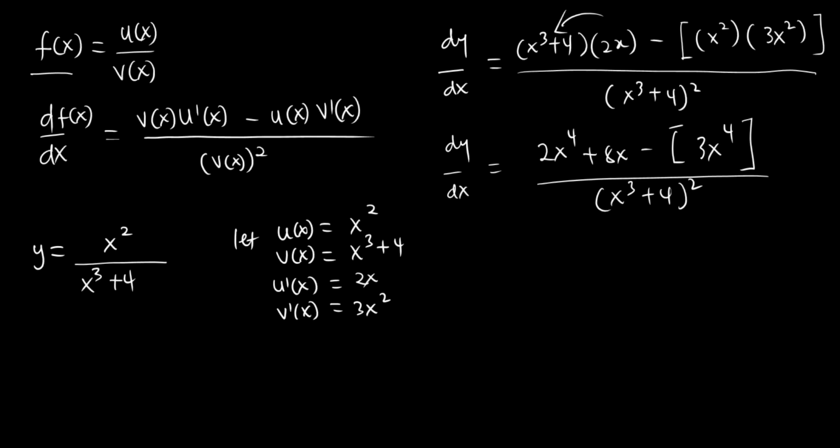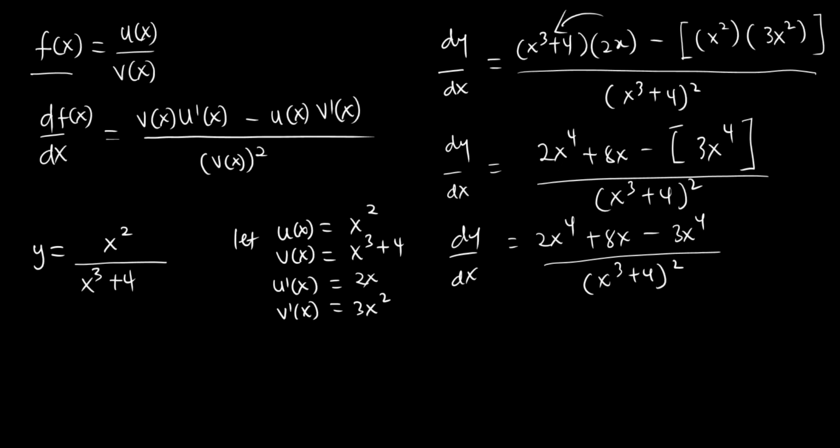So now let's do some simplification here. So we are going to have dy dx equals 2x to the power 4 plus 8x minus 3x to the power 4 divided by x to the power 3 plus 4 squared. Right, so we have 2x to the power 4 here, and then you have minus 3x to the power 4 here.